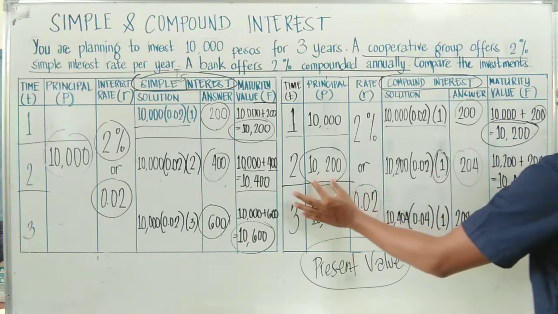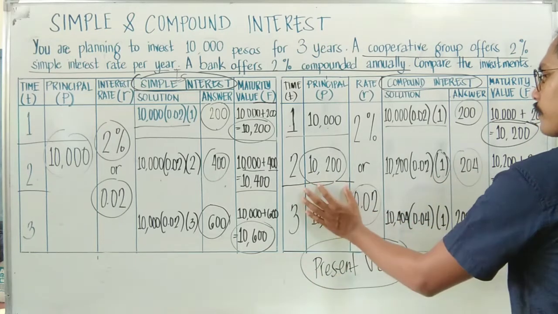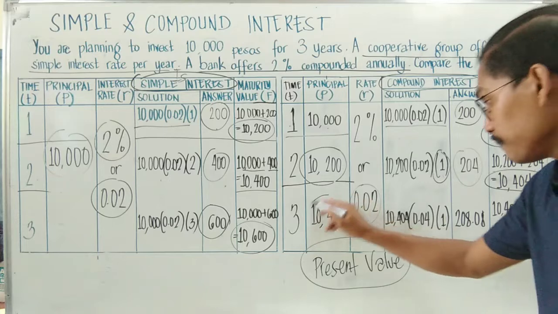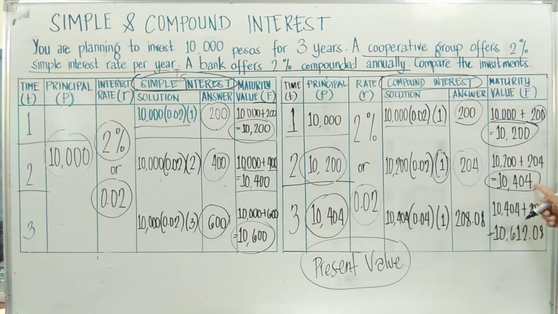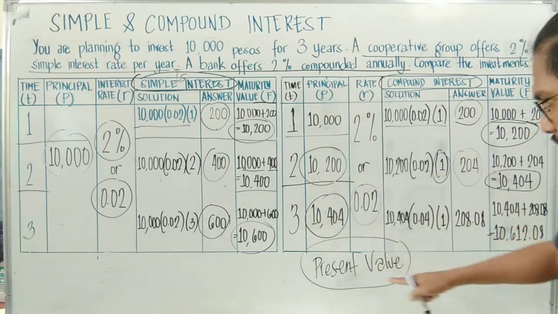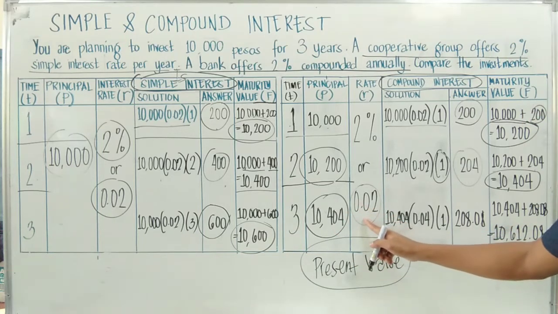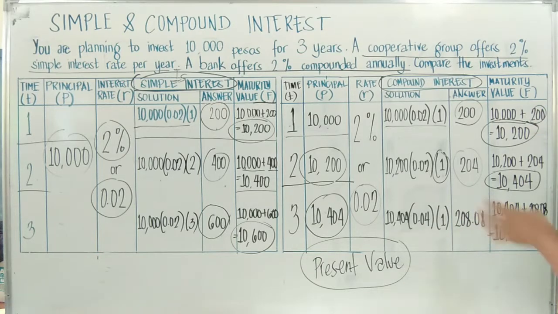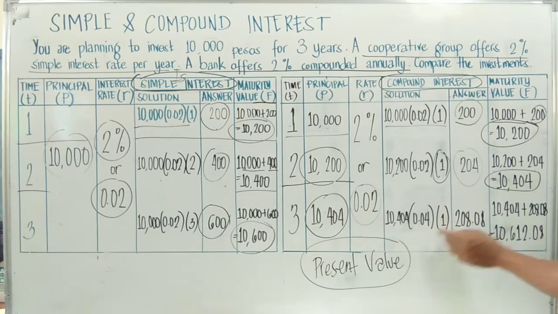Then 204 will be added to your new principal or present value for your second year of investment. And that will become 10,200 plus 204, which will give us 10,404. Then on the third year of the investment, that maturity value will become your principal or present value. Then multiply it by your rate times 1 again, another year of investment. So it is again based annually, each year.